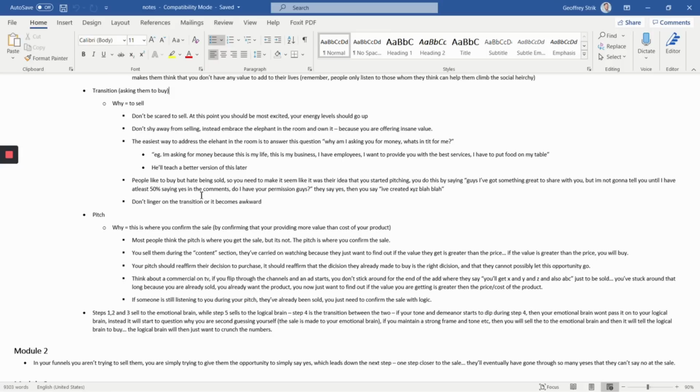And then step 3, the content, showing that you are an authority with regard to the direction they believe they need to be heading in order to attain their desired reality. You've then transitioned to the pitch, where you've then offered them the ability to purchase your product for less value than they would get ultimately.